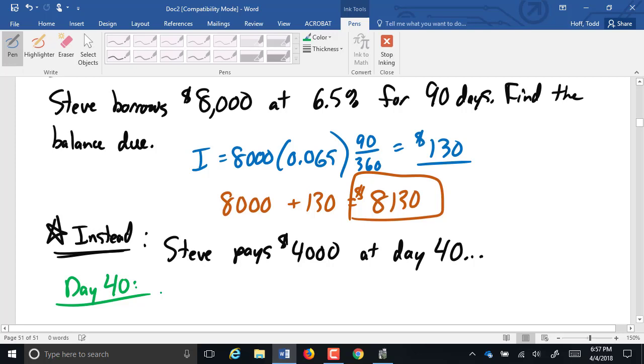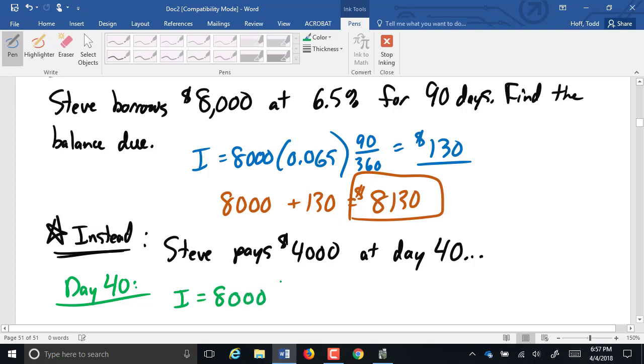Now, remember we said when there's simple interest, we only calculate the interest when there's an action or an event on the account. So far, that event has been maturity, the end of the term. Well, here, there's a payment being made. That is an action on that account. So the interest is figured in before any action is taken.